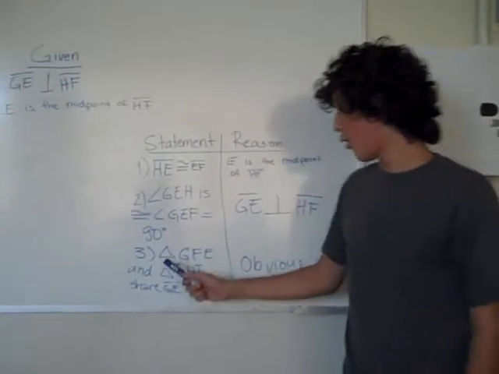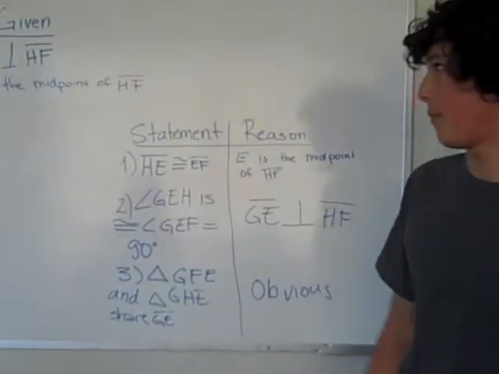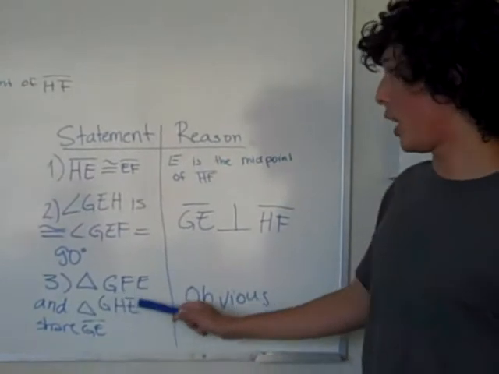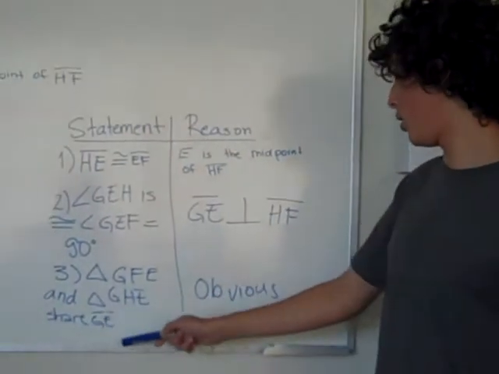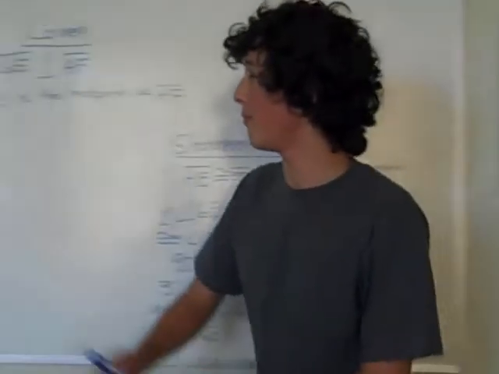So, triangle GFE and triangle GHE share line GE. That's obvious.